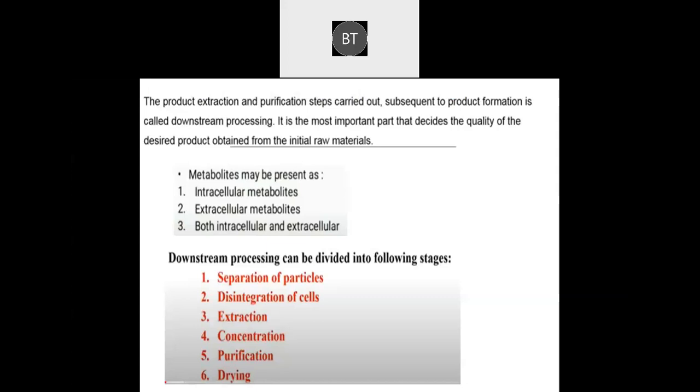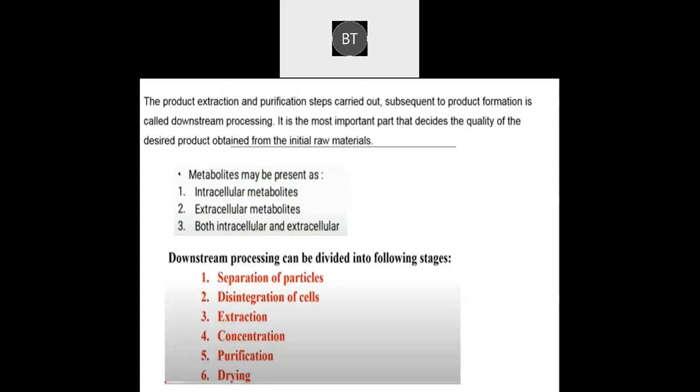In some organisms, it is both intra and extracellular. Now, how are we going to extract these products from the microorganisms, if they are intra, extra, or both intra and extracellular? That is what we will be looking into.